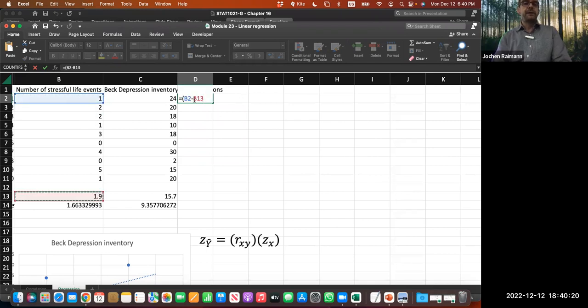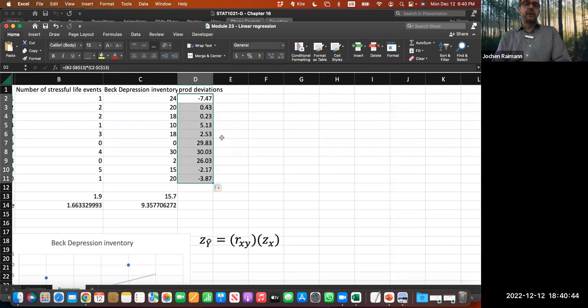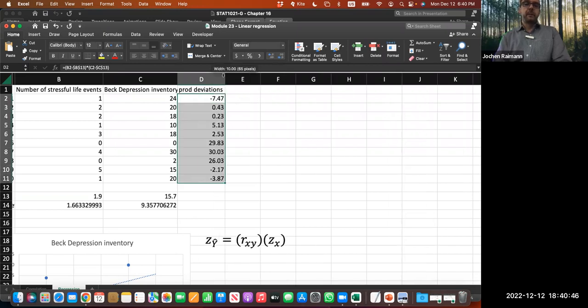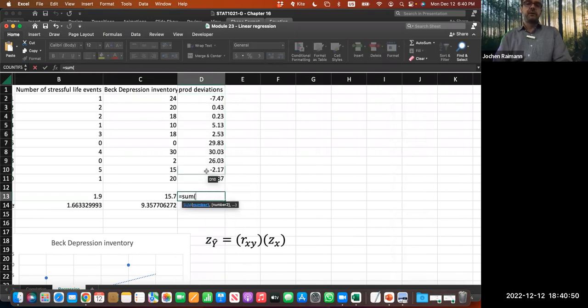We just need to lock this in so that it doesn't shift. Multiplied by Y minus this. So that gives us the deviations. So this essentially is now our product of the deviations. We can put this all the way down. Gives us the product. Now we just need to sum this up. Gives us the sum of products. So that's our numerator.